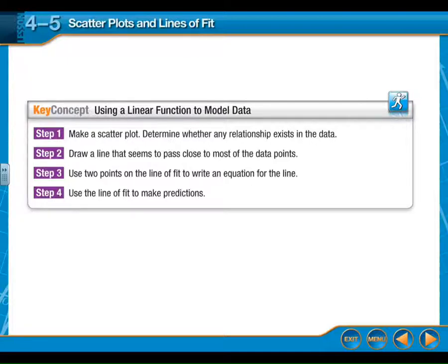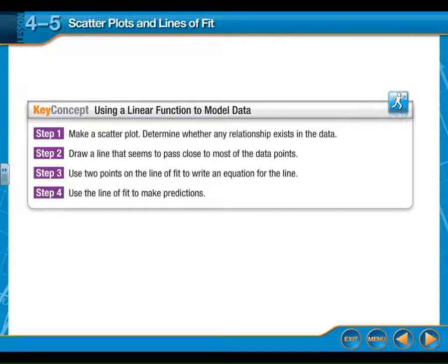And when you're trying to make a trend line, what you want to do is try to split as many points on the bottom half of your line as on the top half of your line, so that you're not trying to hit as many points of data as possible. You're trying to split that data in half and have half of the data points plotted below the line and about half of the data points plotted above the line.